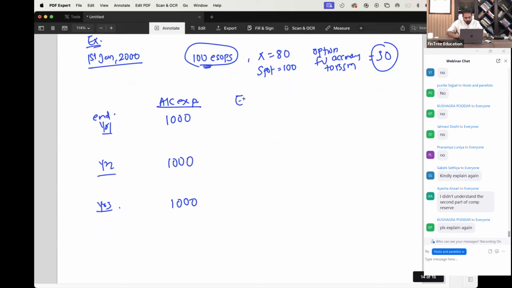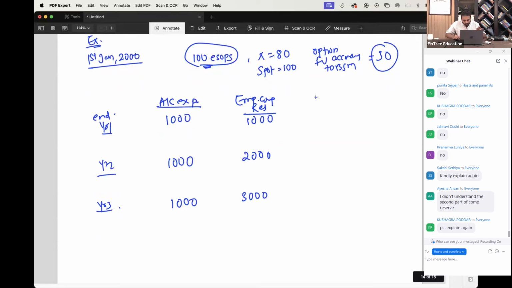Okay. What is the employee comp reserve? First year employee comp reserve 1000. Second year 2000, because it's a balance sheet item, so it accumulates, right? So 1000 plus 1000. Third year 3000.